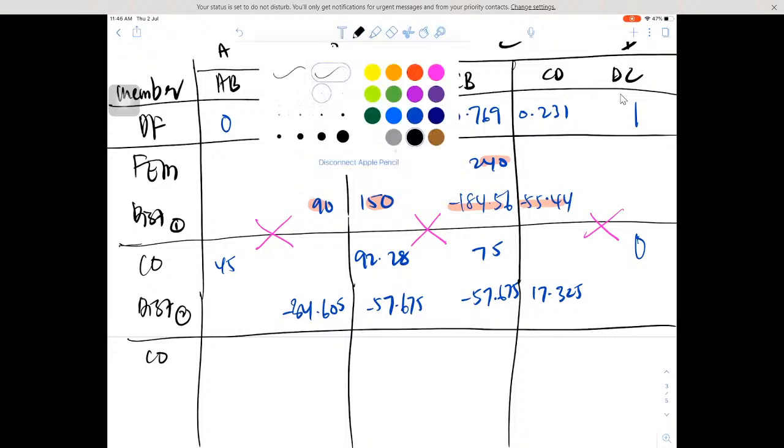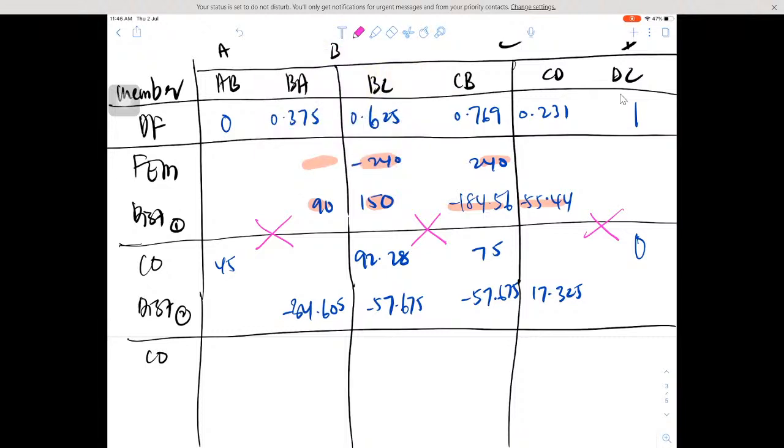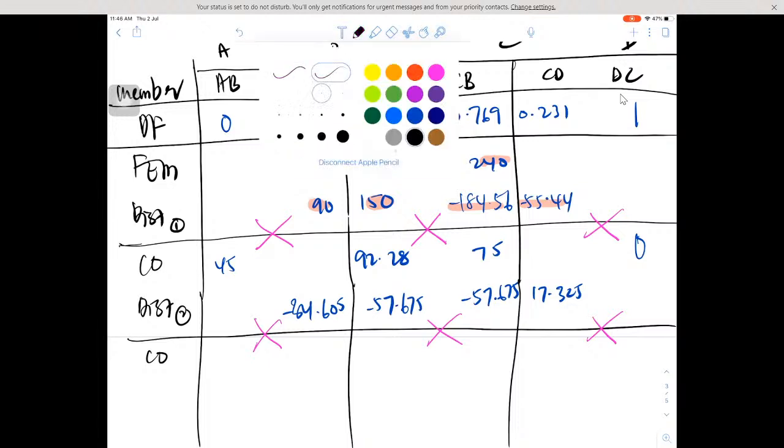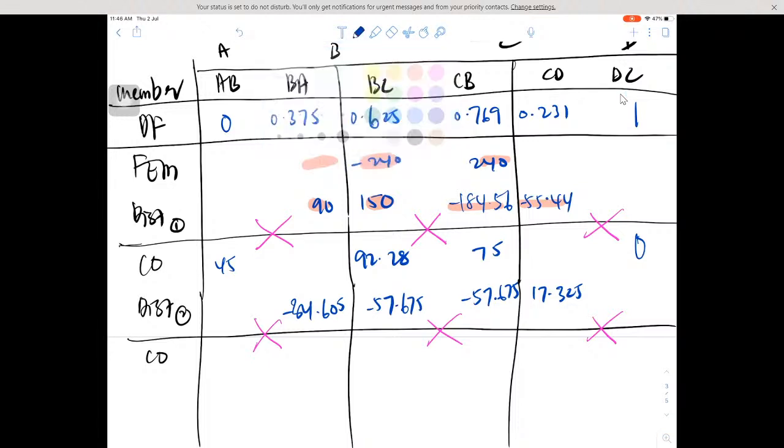Again, we have to carry to the opposite joint. So negative 34.605 divided by 2 is 17.3025.